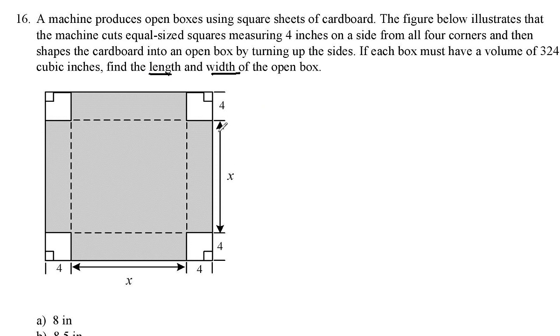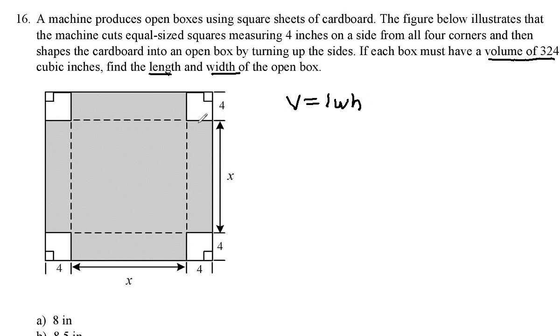And they've given us here that the length and width are both x, so it's a square base, so they should both be the same. And what we know also is that the volume is 324 cubic inches. So the volume is going to be length times width times height, and the length and width of the box are x and x.